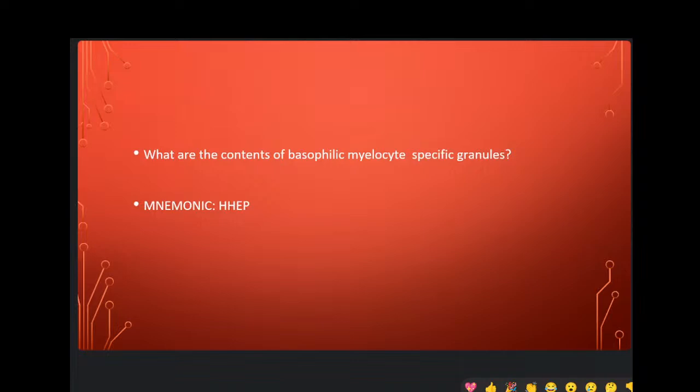Pwede ba yung group activity? Ilan ba ang groups natin? There's 58 people. Group yourselves into 10 groups of 5 members.